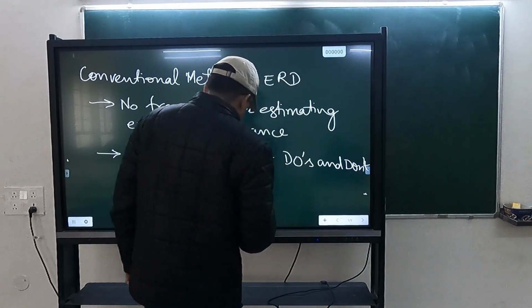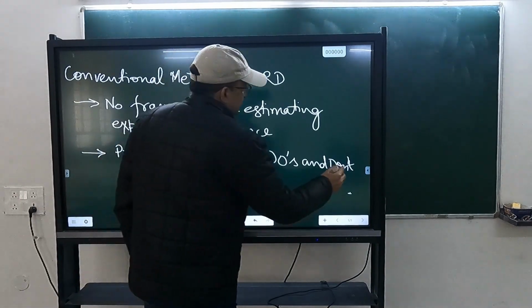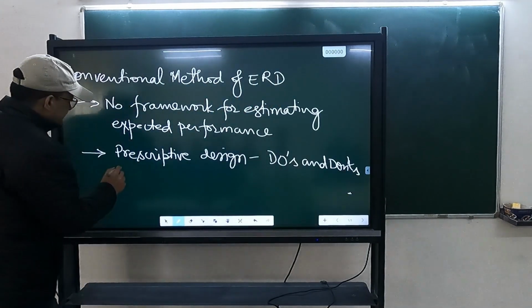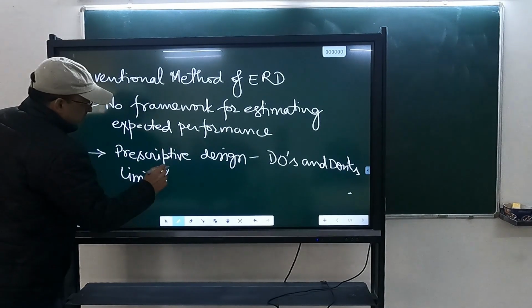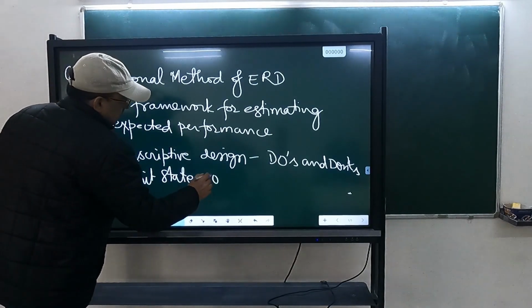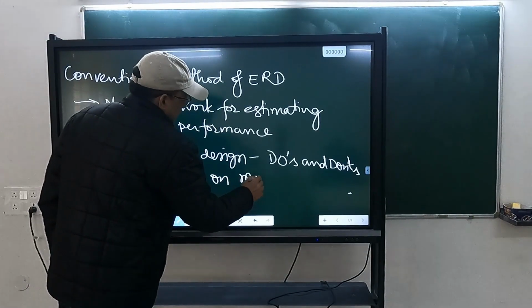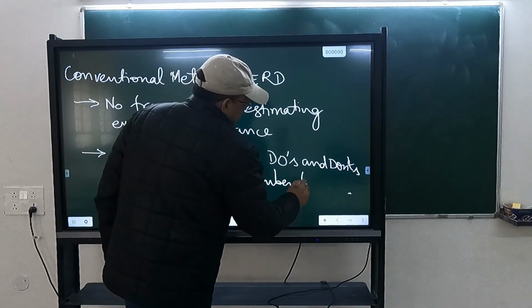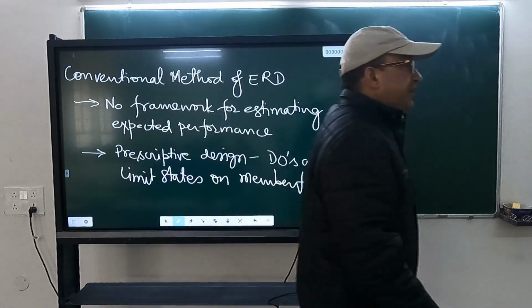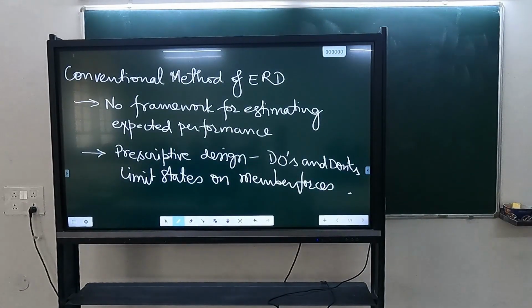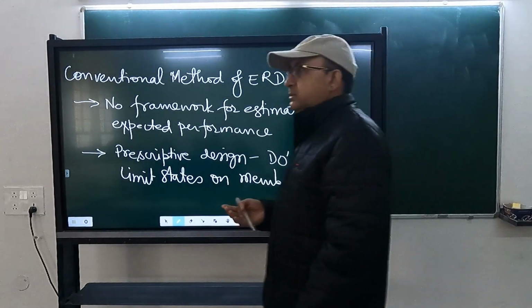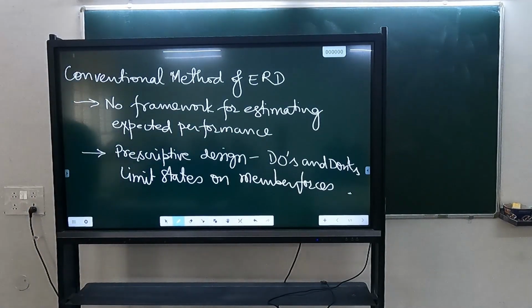So you follow those good design practices, and there are certain limit states on member forces. So those limit states you have to satisfy. Once you satisfy those, it is deemed that the building will perform satisfactorily during an earthquake. But it never defines what is meant by satisfactory performance and how to ensure that the building will satisfy that performance or not.